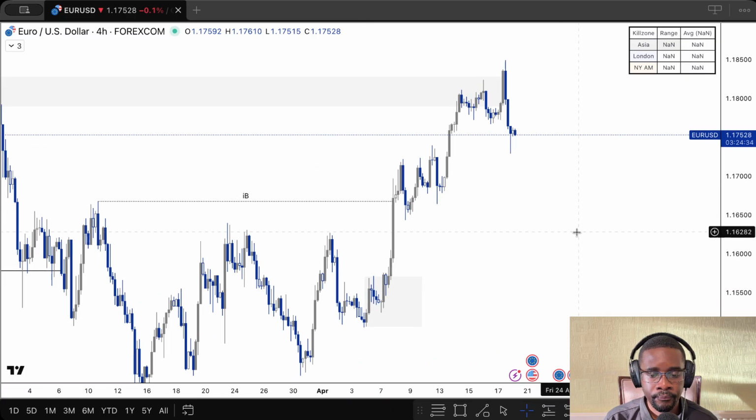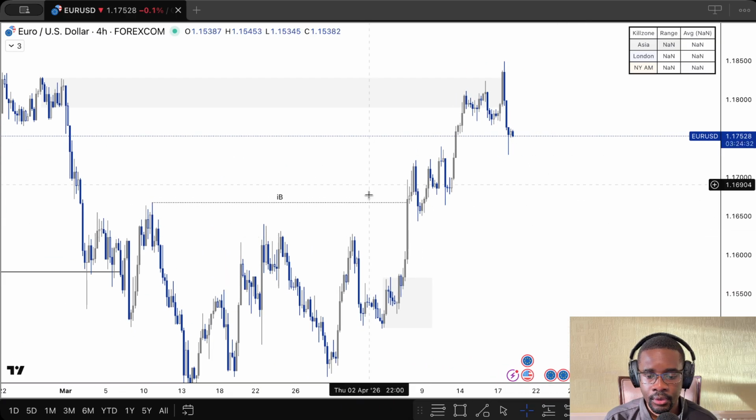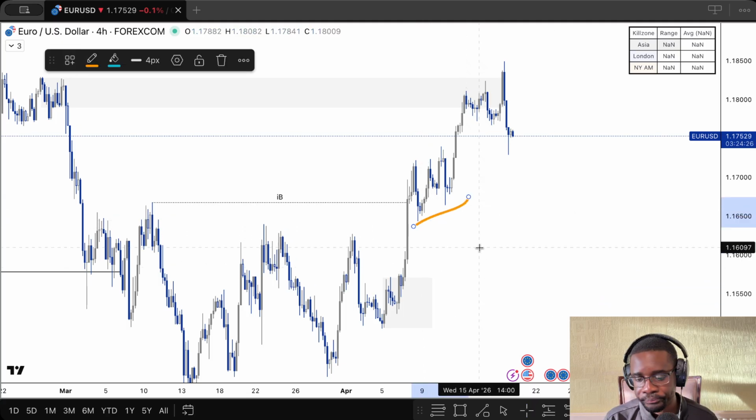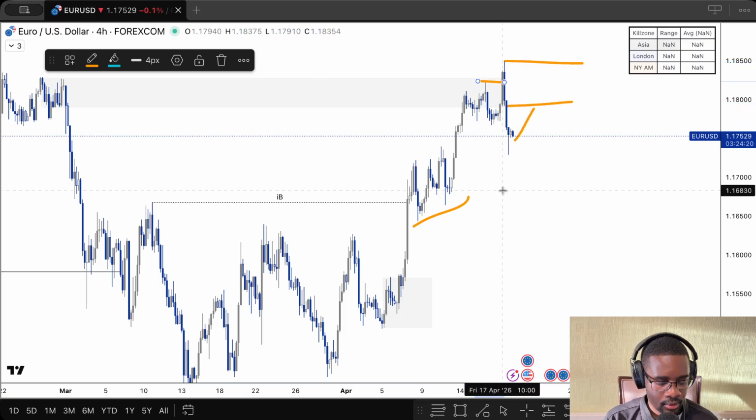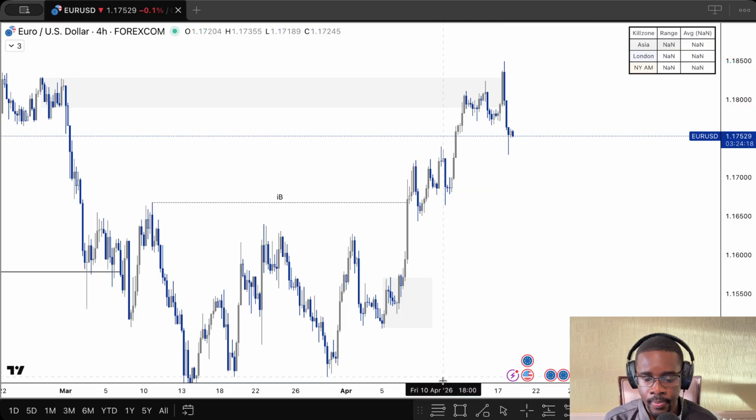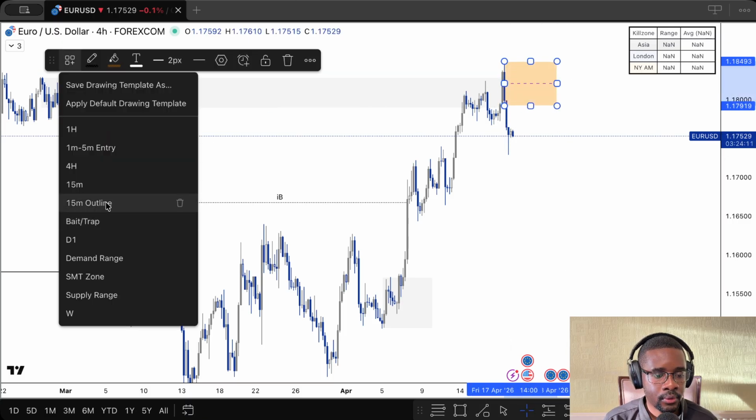So let's see. So this is an area to target. So this gives us a new area of supply at the top. I'm just going to mark that one out.